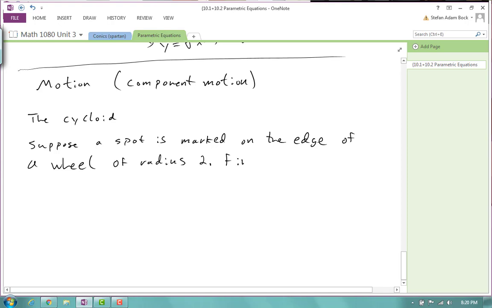I want to find parametric equations that describe the path of this marked spot.